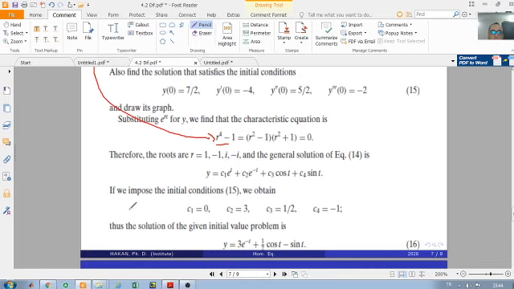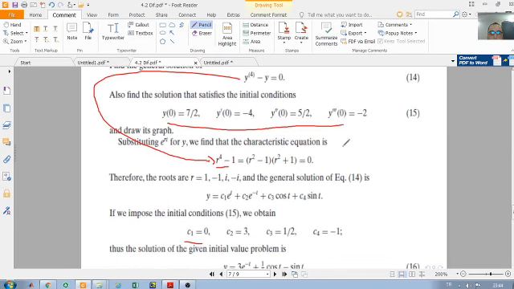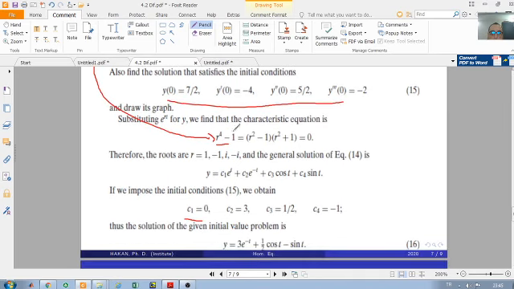And if we impose the initial conditions, we obtain the constants by using the initial conditions written here. You can easily find, after finding the first, second and third derivatives of this solution and writing 0 for t, 4 equations for the constants, and after solving this linear system, you will obtain the values of the constants, and then the solution of the given initial value problem will be in this form.